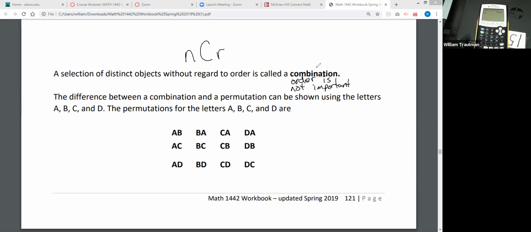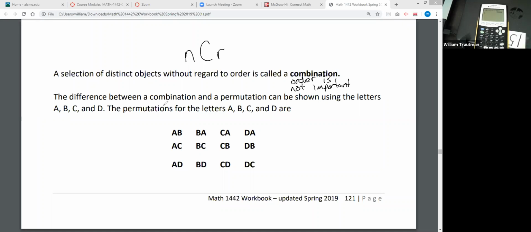Instead of saying, I want the top 3 runners, you just say, I want 3 runners. If you want 3 runners, it doesn't matter which 3 you get because you're not looking for the top 3. So in combination, order is not important.